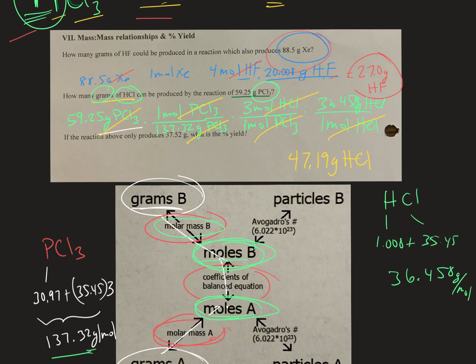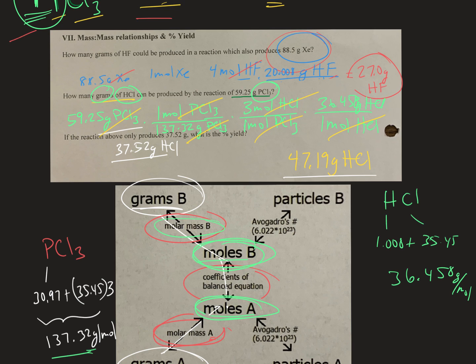So we want to know what the percent is. How did we do? Just like on a test or a quiz, how did we do? What's our percentage? What we got right, our actual yield, 37.52 grams of this is HCl. How do we know? Because it says the reaction above.